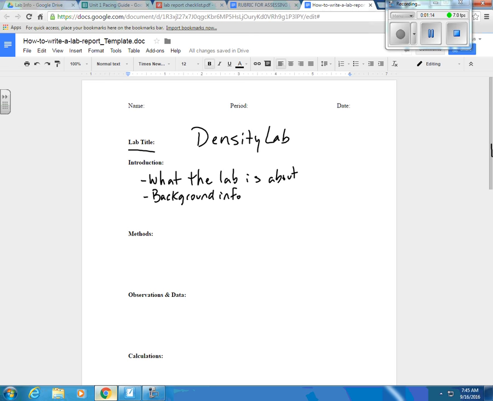The main concept here is density and percent sugar of drinks. So you're going to look up what is density. What is density? How did we come about it? How did we find it out? What is it used for?